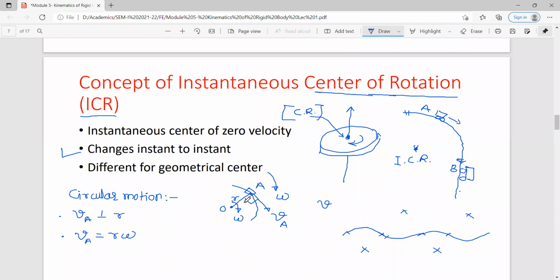So if you want to find out the velocity of point A, first find out the radius. Radius means the distance between the point and the center of rotation, multiplied by angular velocity. You understand this about circular motion?